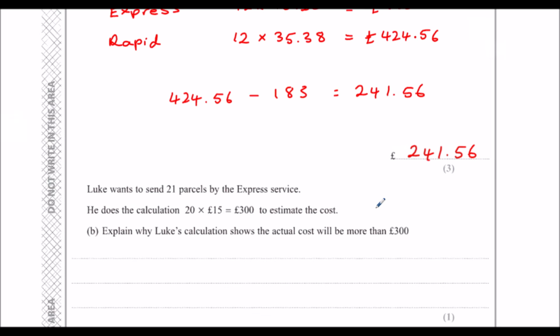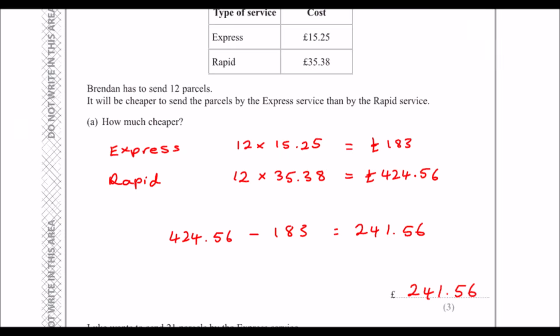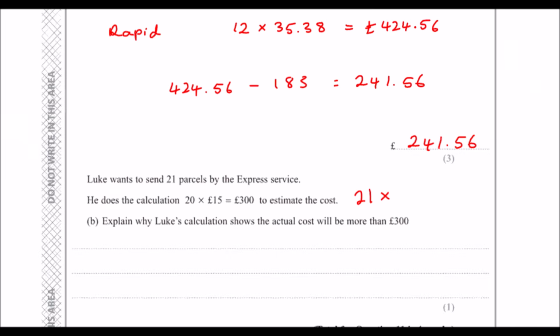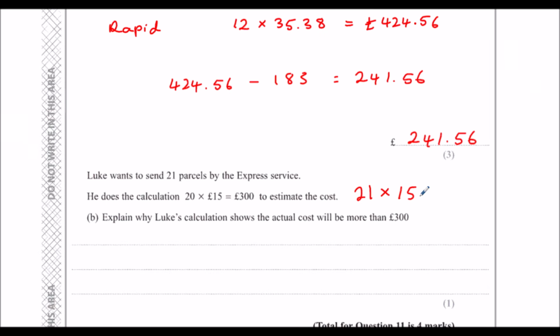So the actual calculation would be 21 times £15.25. So he's rounded the number of parcels down and the price down. So this estimate is going to be below the actual answer. So the reason is he rounded them both down.